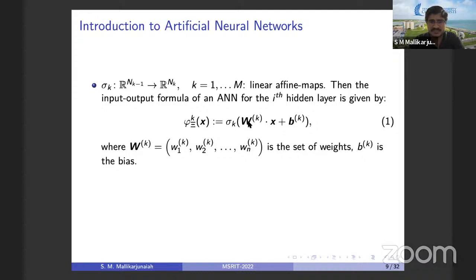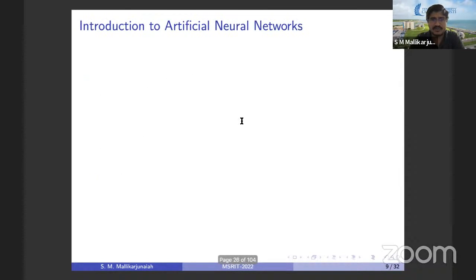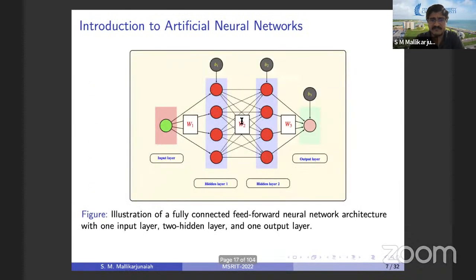Now, as I was saying before, Wk are the weights, they can be matrices, X is the input vector and B is the bias vector. Now here, the set xi contains the information about the tunable network parameters, which are the weights and bias. This is the formula for one layer. If you have more than one layer, you can think of the same function acting successively for each layer.